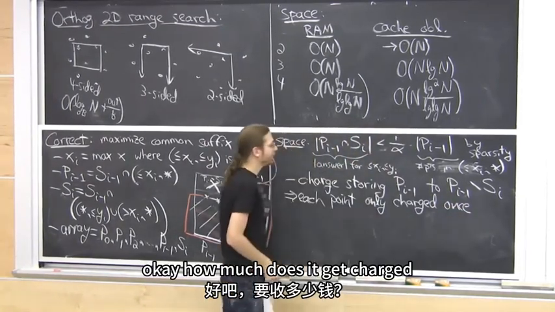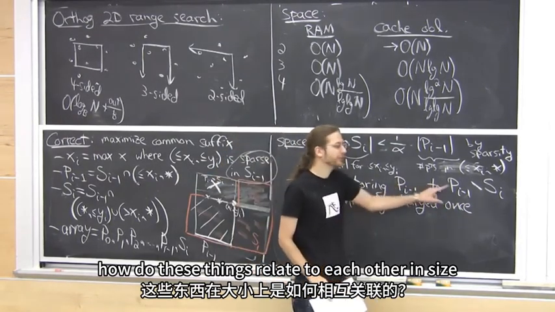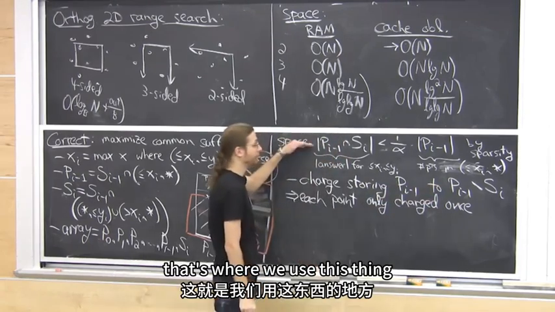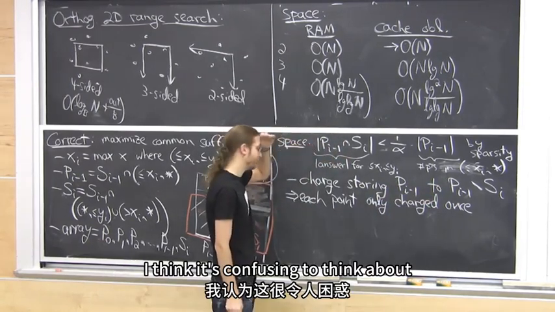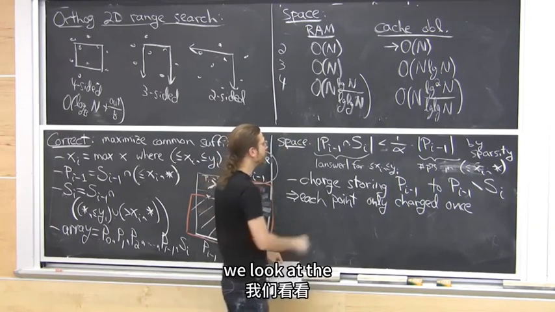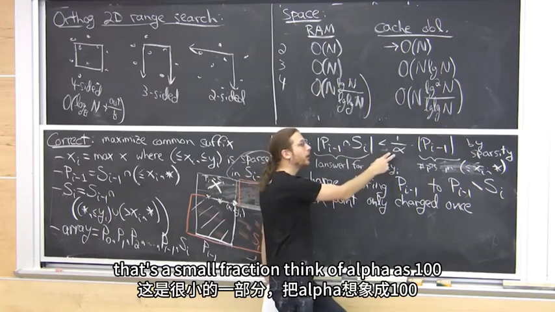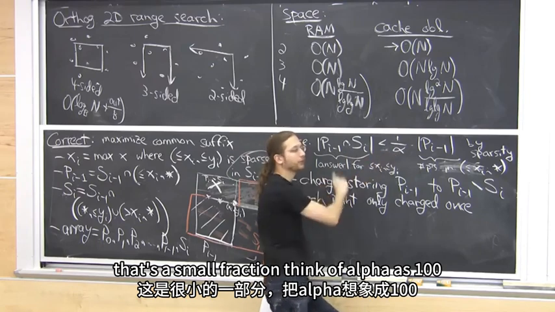Okay, how much does it get charged? How do these things relate to each other in size? That's where we use this thing. It gets confusing to think about intersection versus difference, but the point is, we look at the pi minus 1s that are in si, that's a small fraction. Think of alpha as 100.